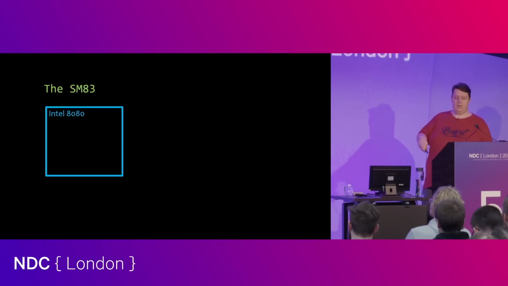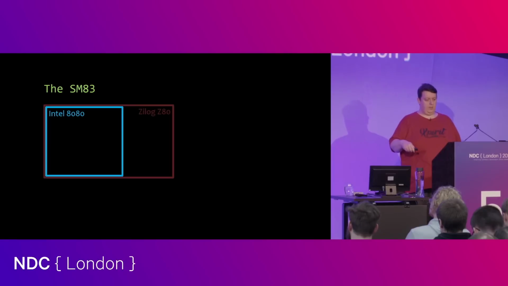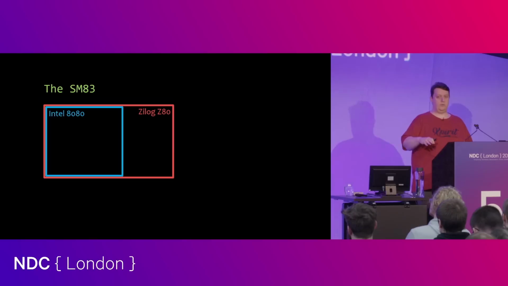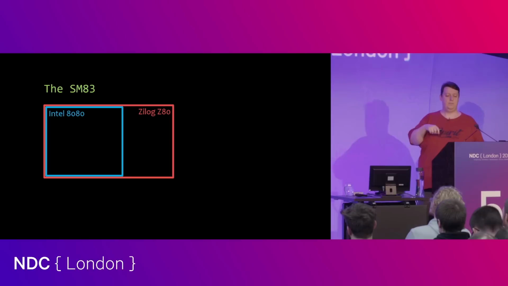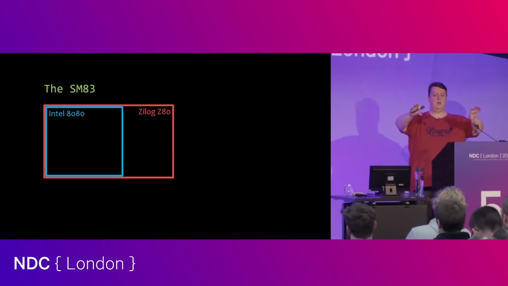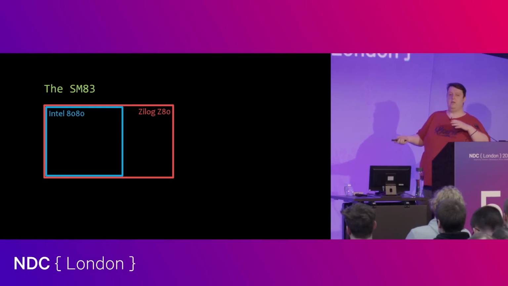And then a little bit later, in 1976, the Zilog Z80 was released. And if you remember, if you were there at the time, I wasn't, I'm not that old, then that chip was really, really, really popular. Because it actually took the Intel 8080 and it added another set of CPU registers, basically doubling the power of the thing, while being completely backwards compatible with the Intel 8080.